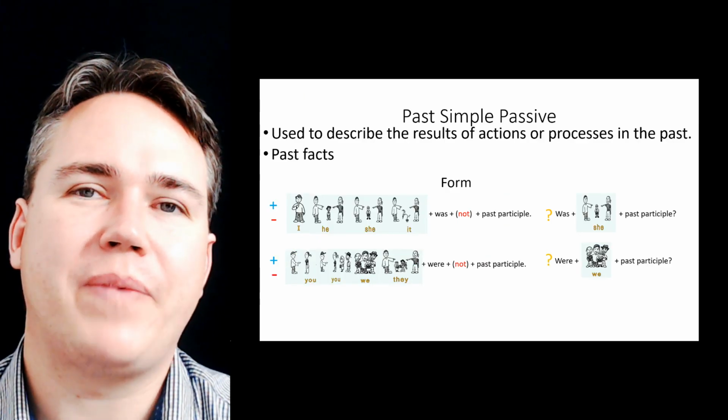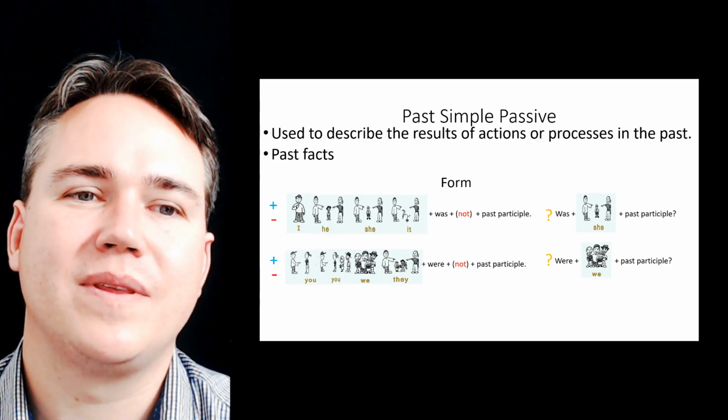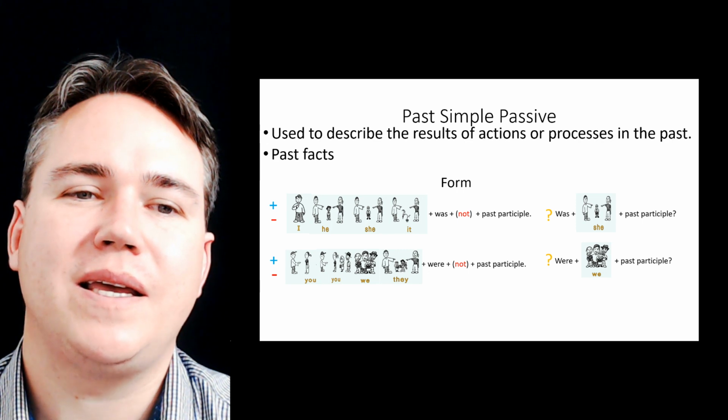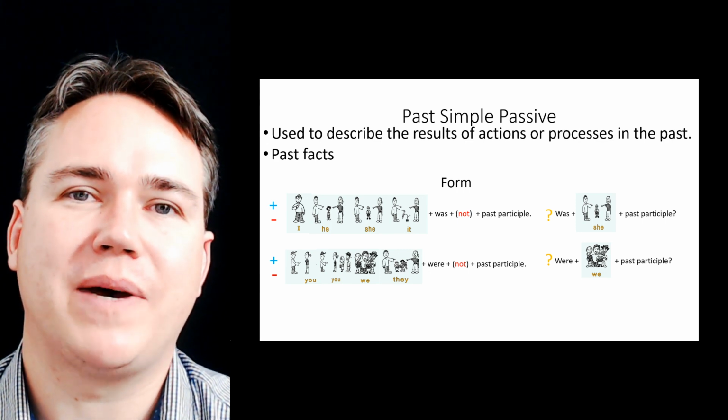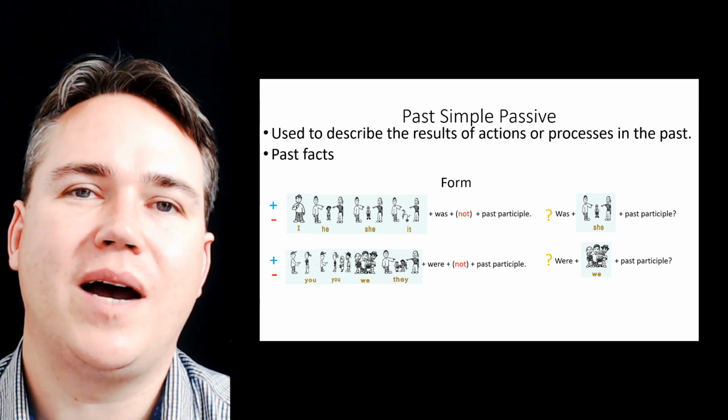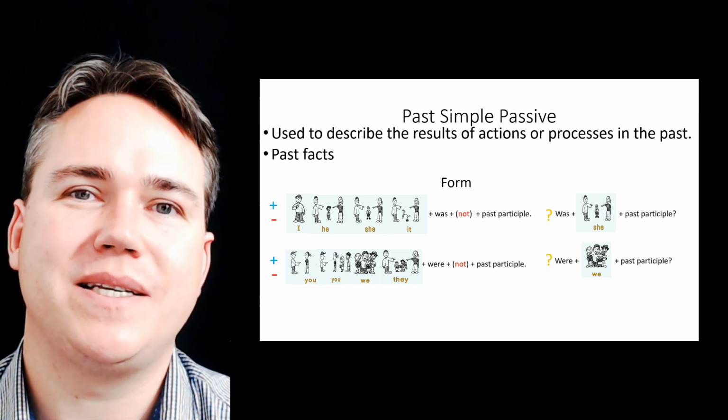So the form of past simple passive is as such. I was, he was, she was, and it was, plus past participle. I wasn't, he wasn't, she wasn't, it wasn't, and past participle.